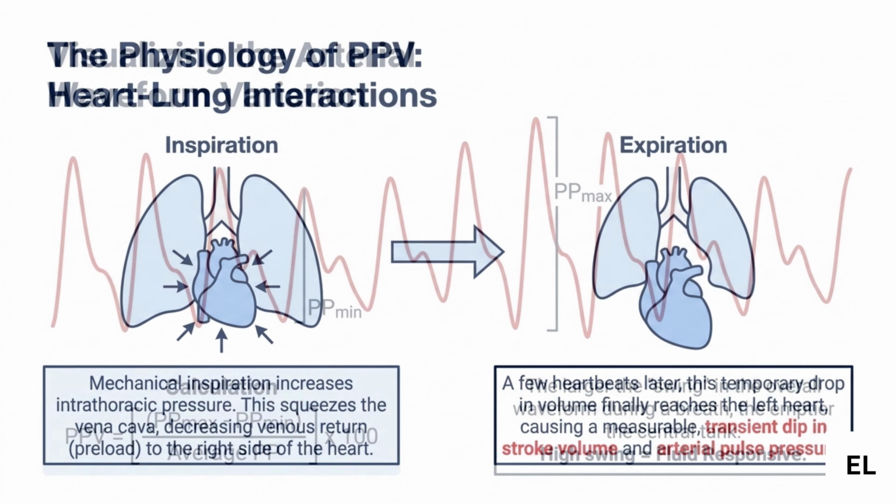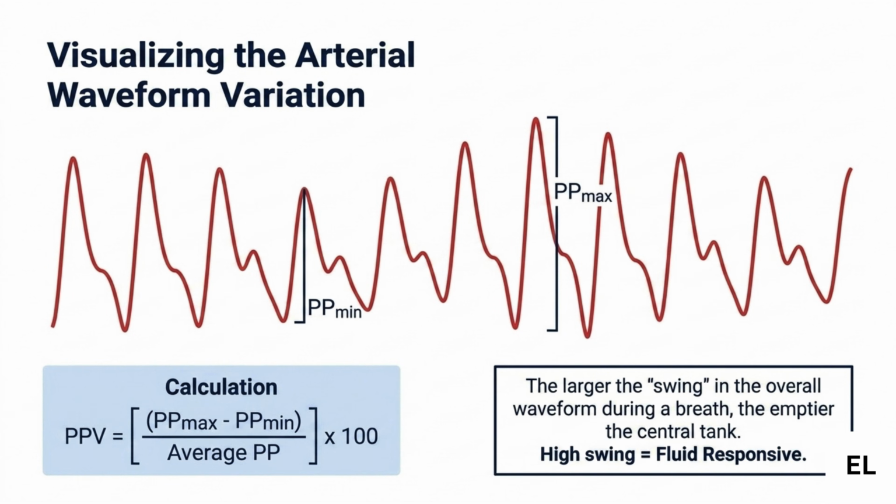Pulse pressure variation can be visualized directly on the arterial waveform. During a respiratory cycle, arterial pulse pressure fluctuates between a minimum value, called ppmin, and a maximum value, called ppmax. PPV is calculated using the formula: PPV equals the difference between ppmax and ppmin divided by the average pulse pressure, multiplied by 100.